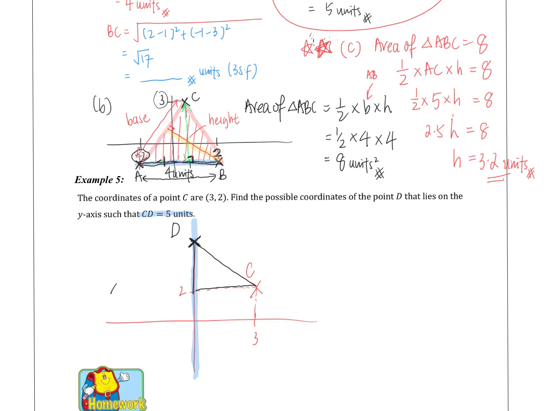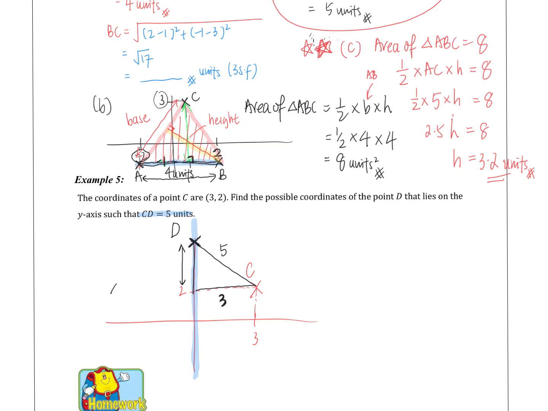I know for sure this is 3, and I need this length to be 5. So if I use Pythagoras theorem, I need D to be of this coordinate. What do you think is a possible coordinate of D?